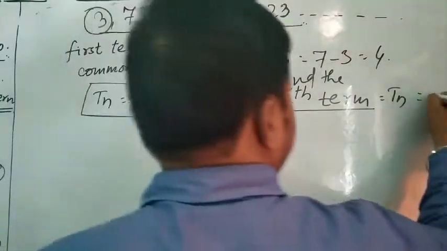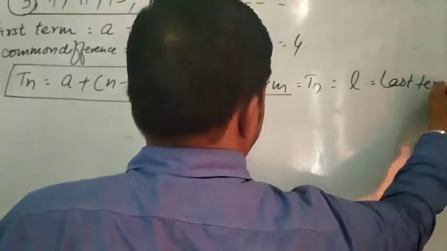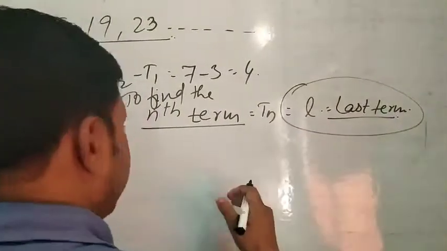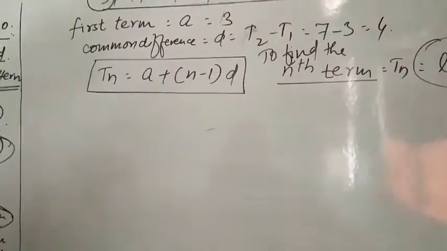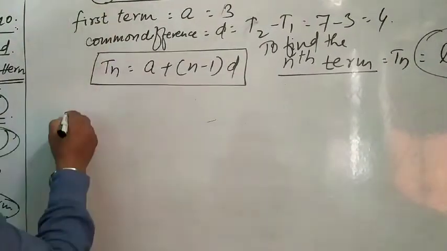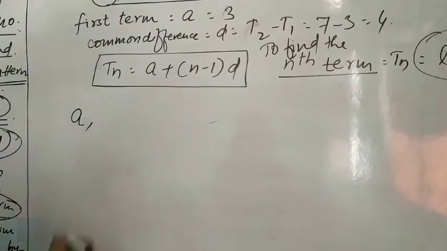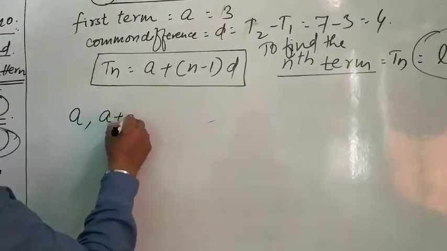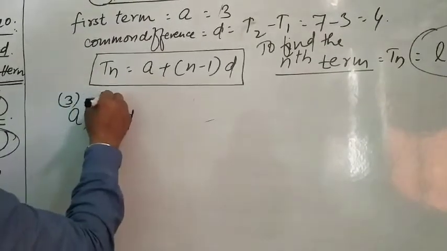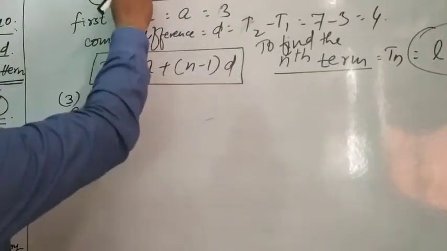Somewhere it is also known as L, the last term, but we should know about this after some time. If your first term is A, then your second term is what? A plus D. That means 3 plus your common difference 4. That is your second term.